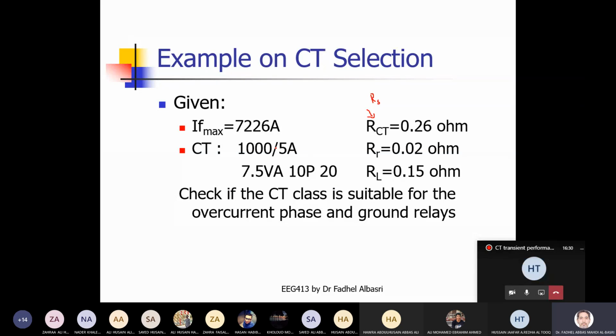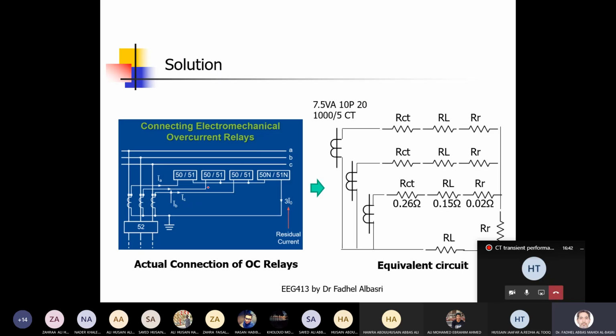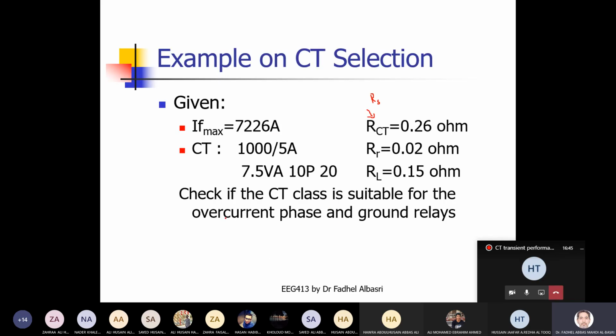So how is this connected, and this is the maximum fault at the CT location. To imagine how an overcurrent relay, phase and ground overcurrent, works, we have one chapter on this, inshallah.